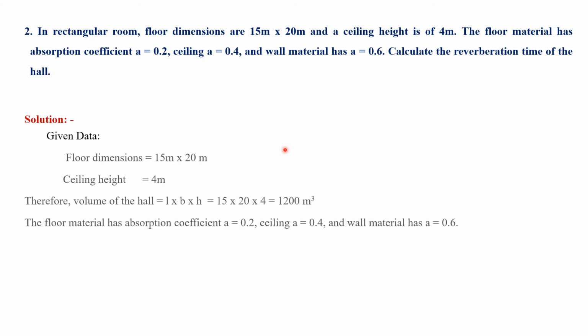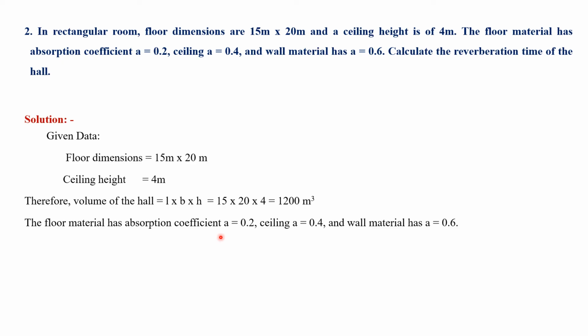Again, as in the previous example, the floor dimensions are provided, L provided, B provided, and H is provided. So from values of L, B, H, we may calculate the volume, and that will become 1200 meter cube. Here, there is no average absorption term, but absorption coefficients of various materials are provided.